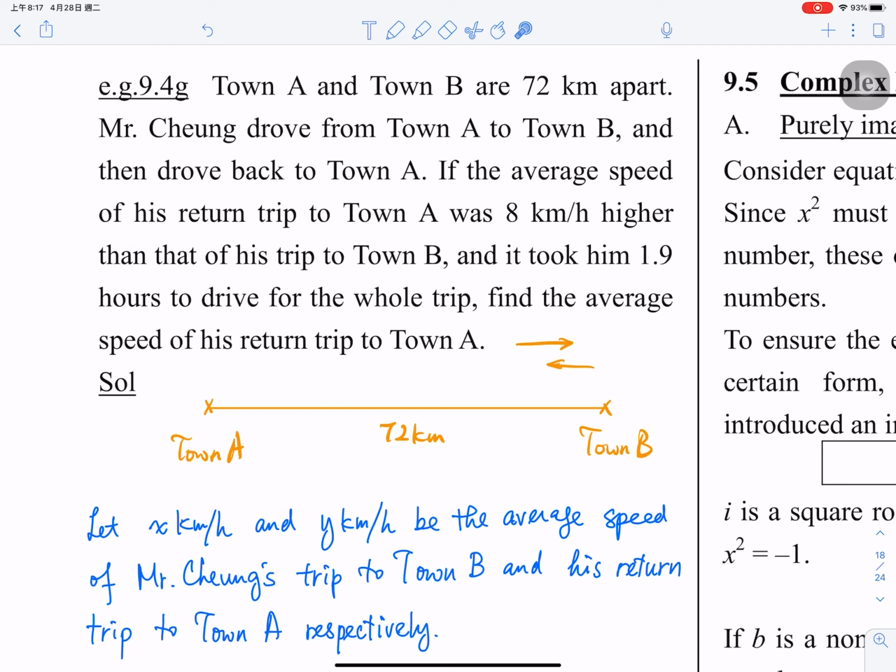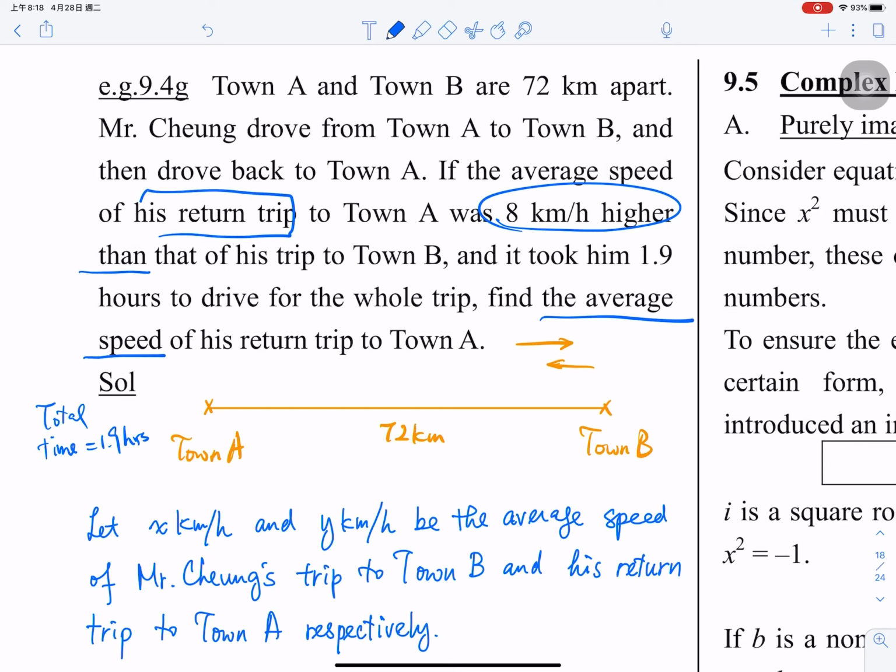That means 1.9 hours as a whole trip, total time 1.9 hours. Find the average speed of his return trip to town A. So 8 kilometers higher, that's the return trip.